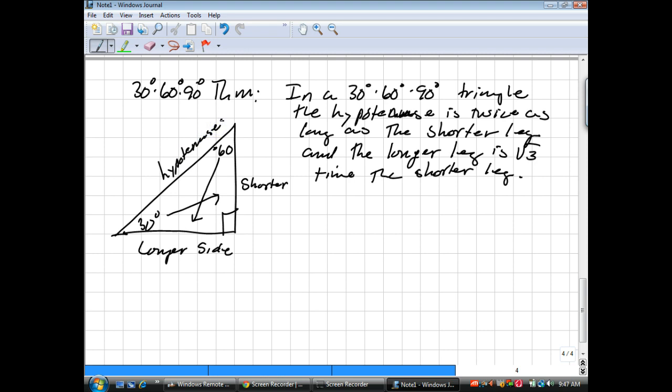Okay? And so what this theorem is saying is if I have a 30, 60, 90 triangle, if this is x, then that is the shorter side. Then the longer side has to be x times square root 3.